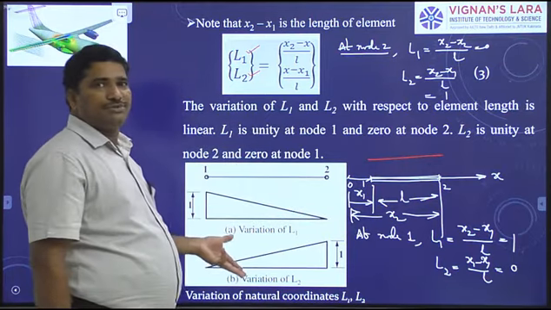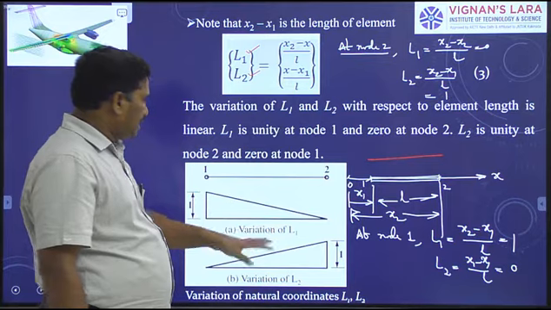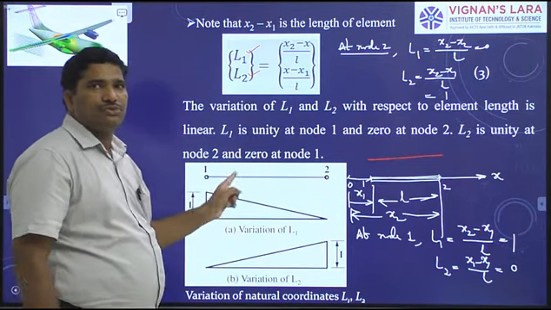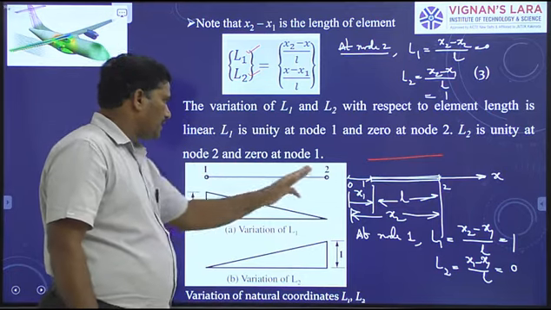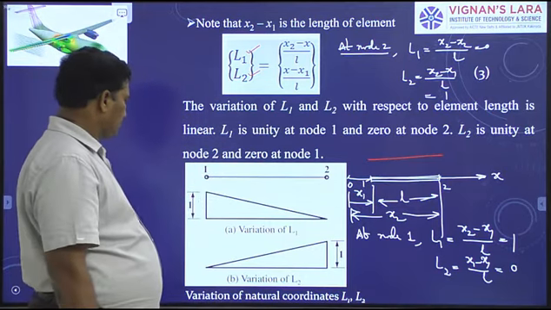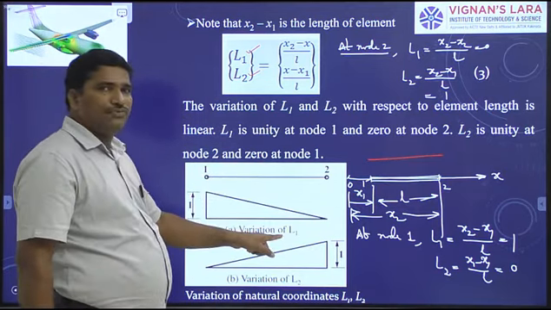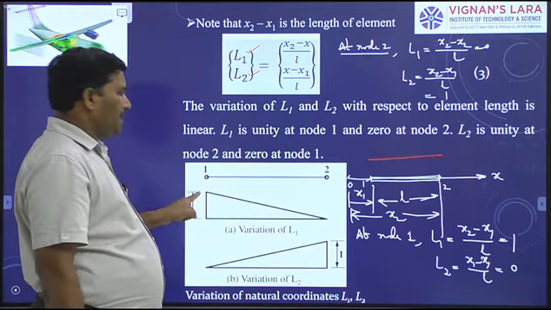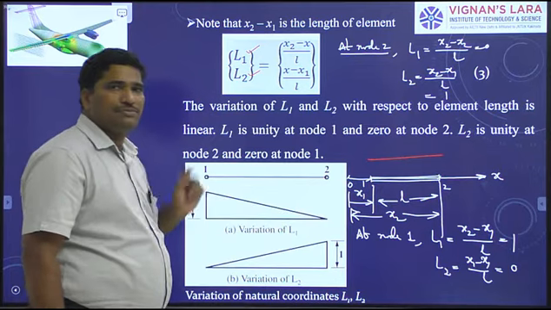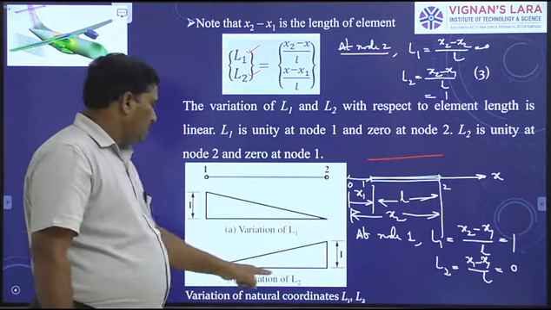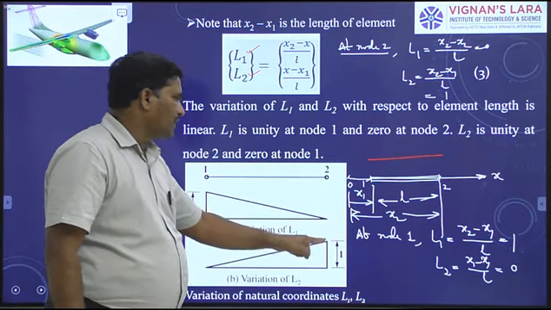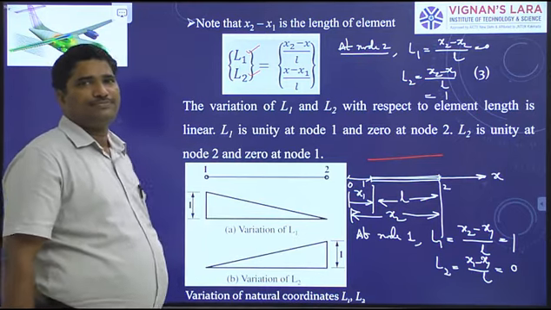Observe these diagrams. You can see these variations here. This is a member connecting say 2 nodes, or you can take a finite element connecting 2 nodes. Variation of natural coordinate L1 with respect to length: L1 is unity at node 1, it is 0 at node 2. Next, variation of L2: L2 is 0 at node 1 and unity at node 2.